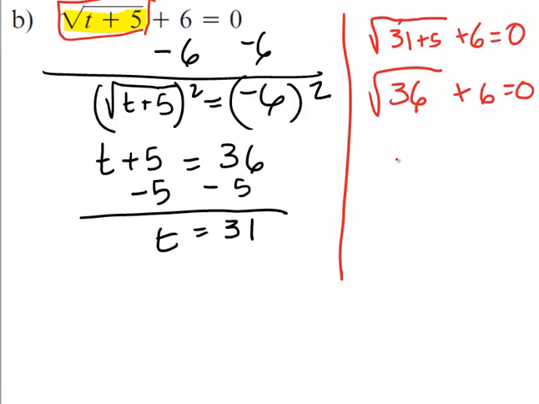The square root of 36 is 6, plus 6 equals 0. So that's not true, is it? So this would be an extraneous solution.